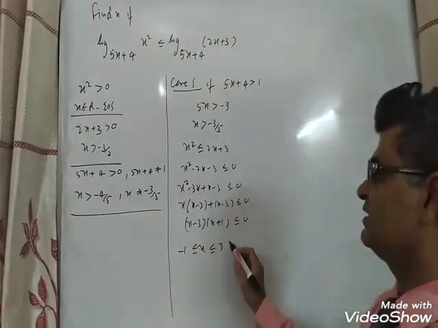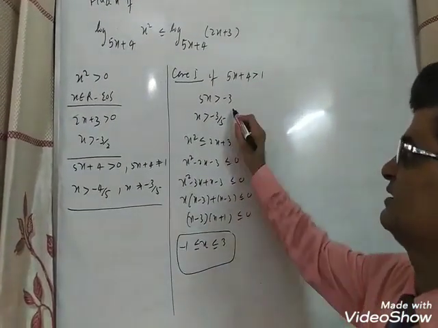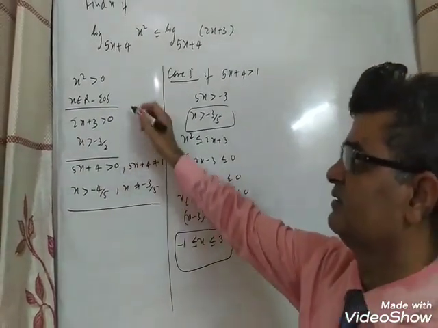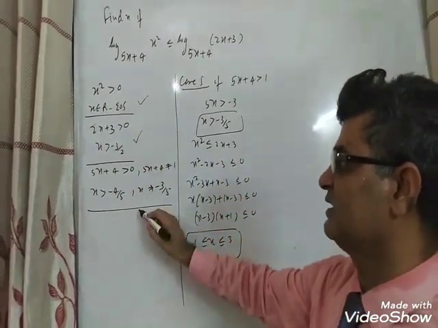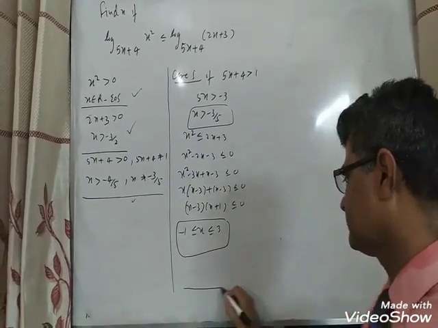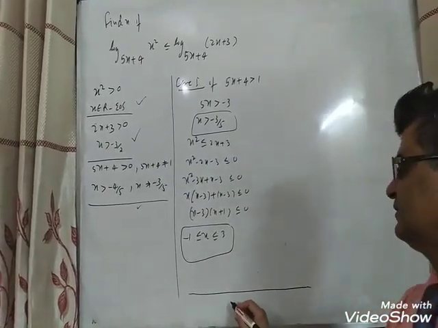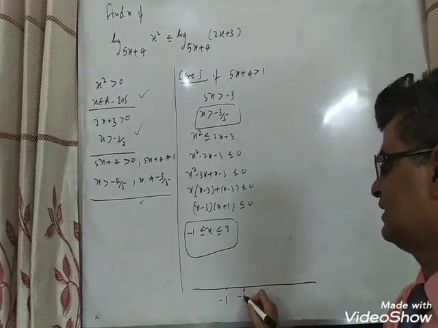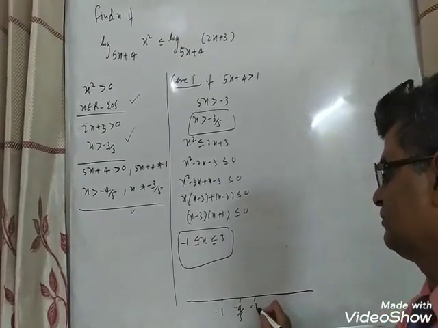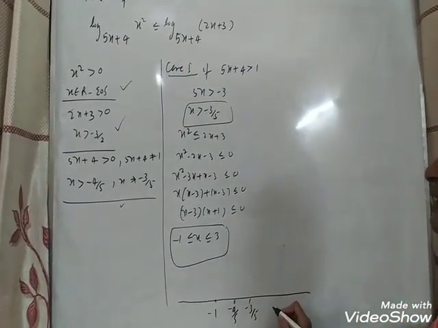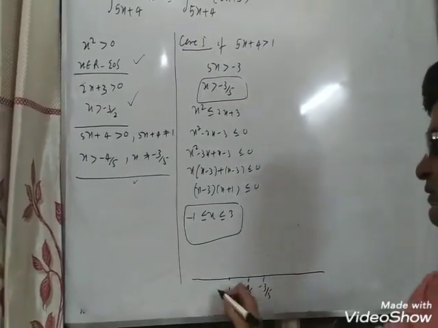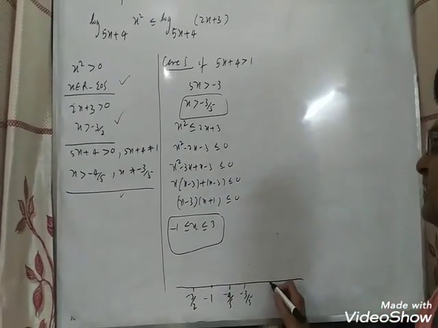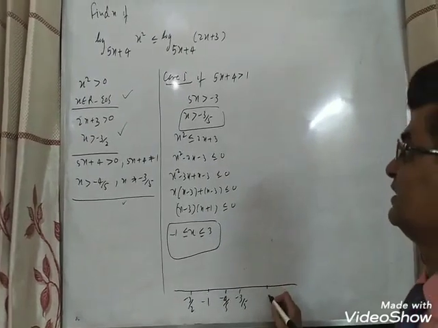So you can see what the critical points are that we have to understand. We are making a common solution number line. We are putting the values minus 1, minus 4 by 5, minus 3 by 5, minus 3 by 2, and 3.